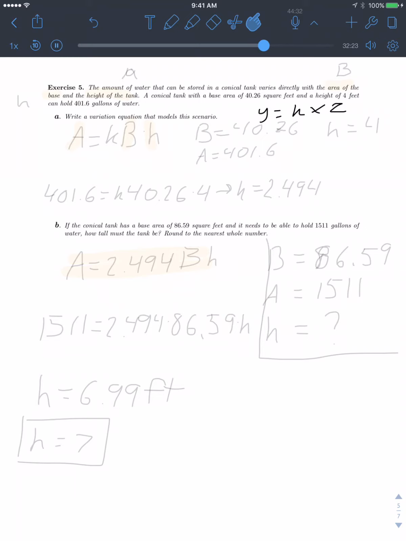Now in this case, we're told that the amount of water, we could call that A, that can be stored in a conical tank varies directly with the area of the base and the height of the tank. Now a convention of geometry is to have areas and volumes represented using capital letters. So if we let capital B represent the area of the base, we'll let H represent the height of the tank.